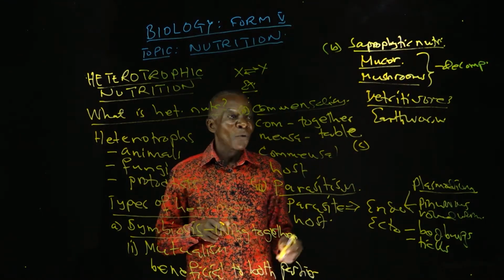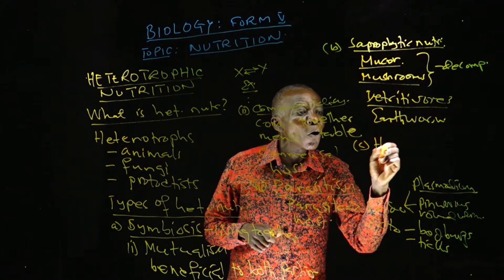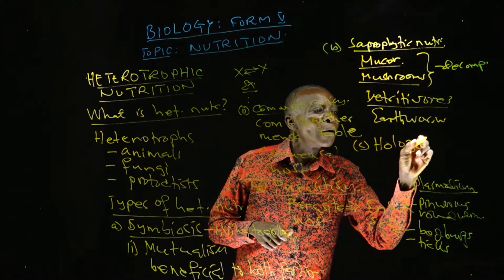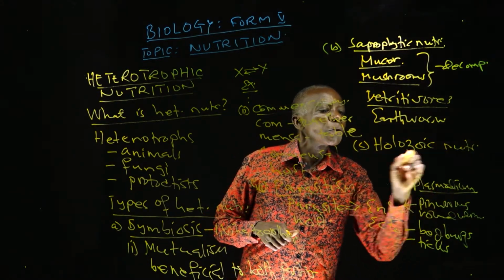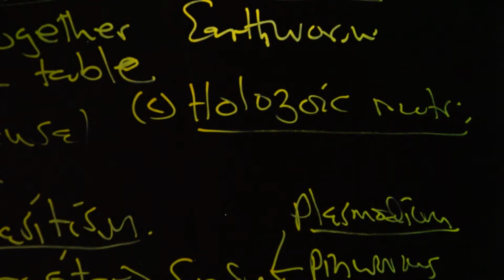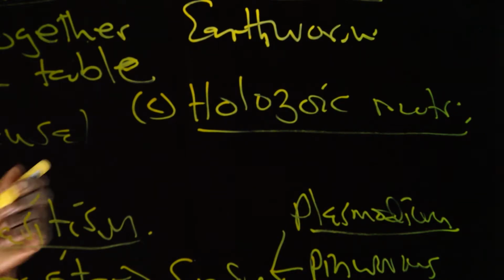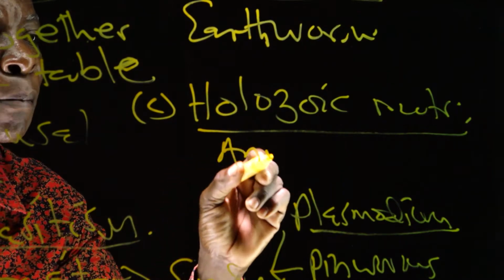Apart from saprophytic nutrition, we have what we call holozoic nutrition. Holozoic nutrition, what is it all about? Well, this is a typical animal nutrition.